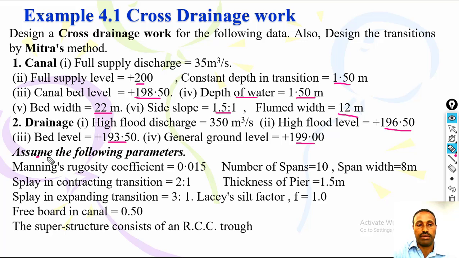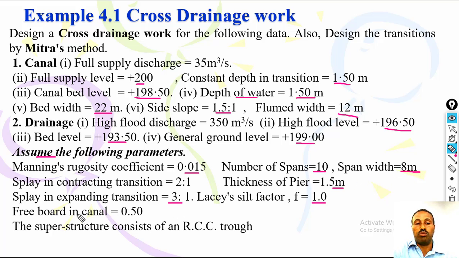For assumptions, you have Manning's rugosity, splay in contracting transition 2 to 1 and in expanding transition 3 to 1, a contraction factor of 1, and pier thickness given as 1.5. You need to fix the number of spans as 10, and the span width is 8 meters.